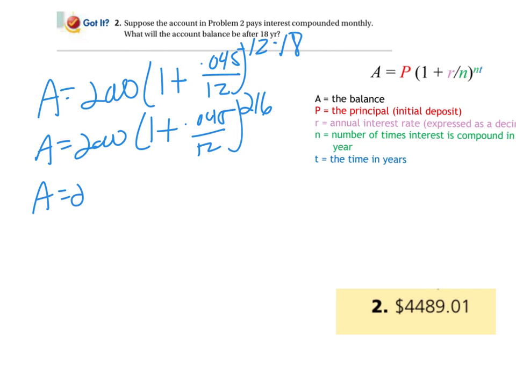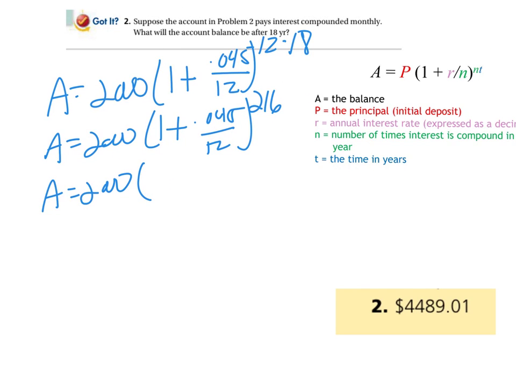A equals 2,000 times, and inside here I'm going to go ahead and calculate that. So you're going to take 0.045 divided by 12, and then add the 1 on, which is going to be 1.00375, all raised to the 216th power.